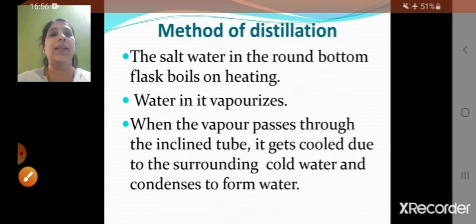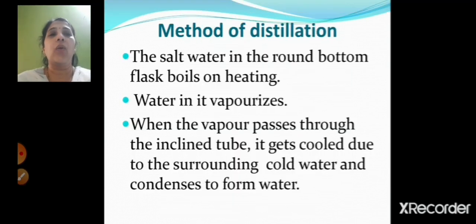Now the salt water in the round bottom flask boils on heating, and the water present in it vaporizes. When the vapor passes through the inclined tube, the condenser, which is surrounded by cold water, cools it and it condenses to form water.